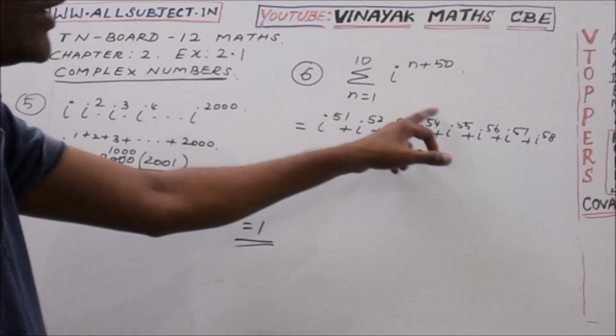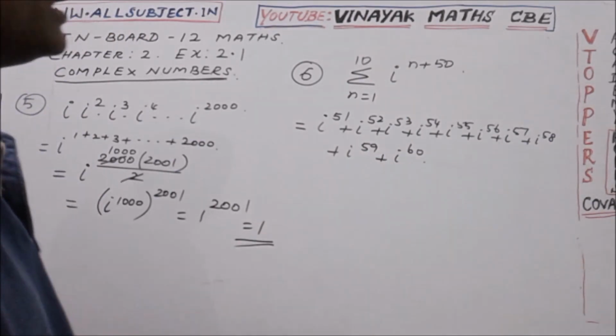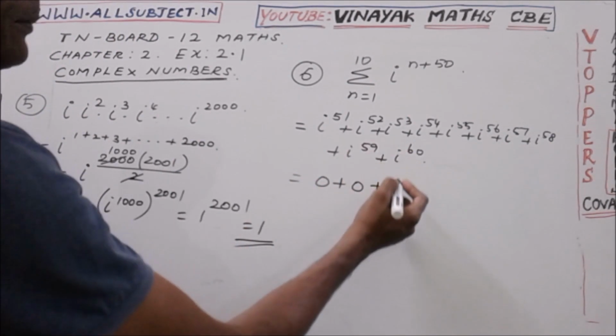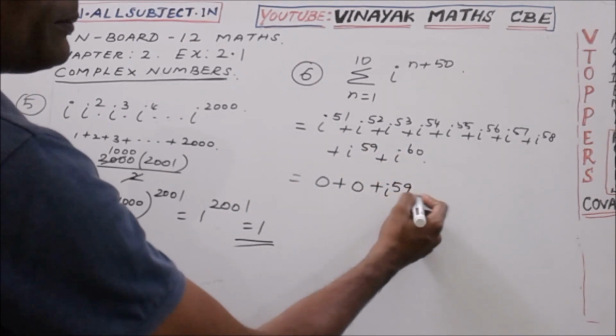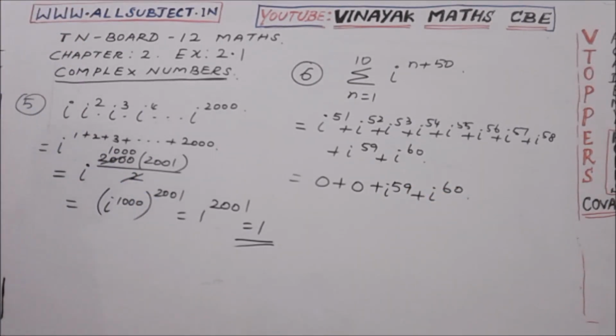The first 4 consecutive powers sum to 0. The next 4 consecutive powers become 0. The remaining are 0 plus 0 plus i power 59 plus i power 60. Exactly, 60 is a multiple of 4, so that is equal to 1.